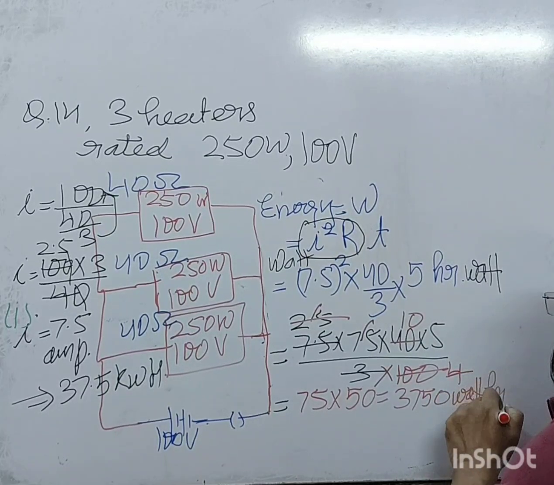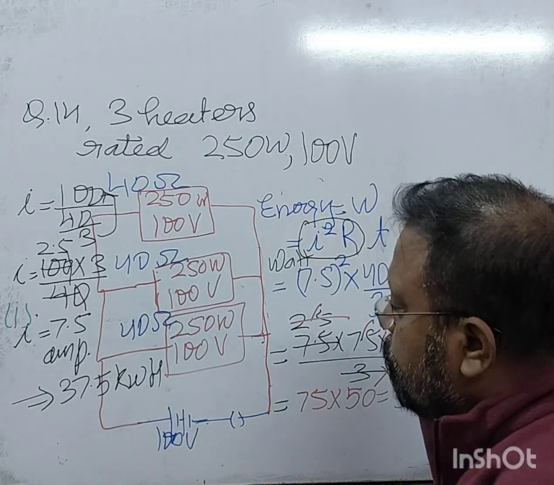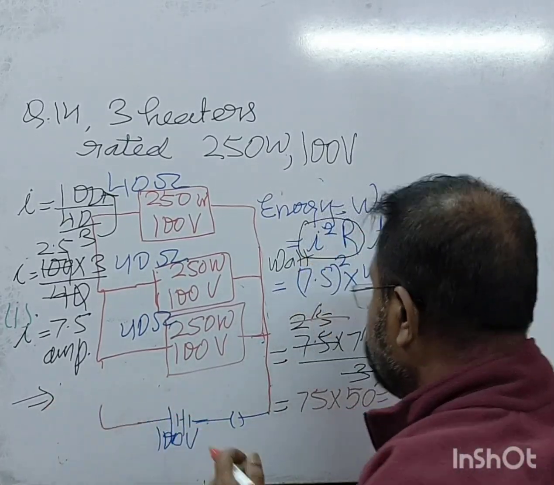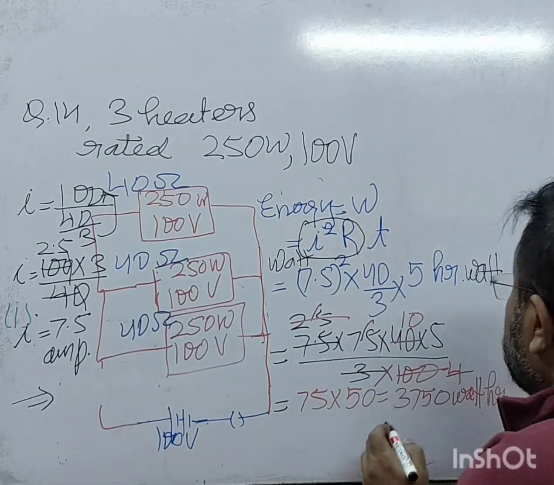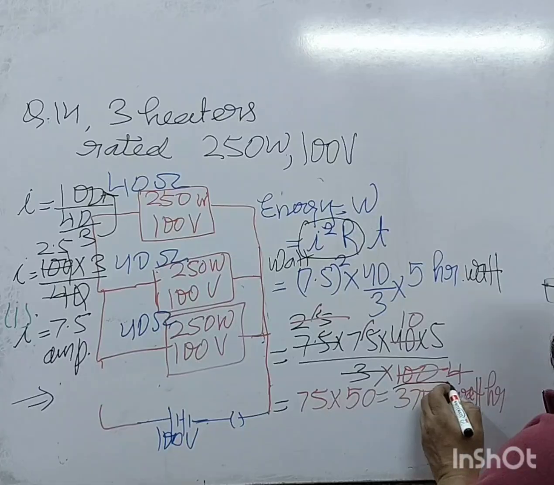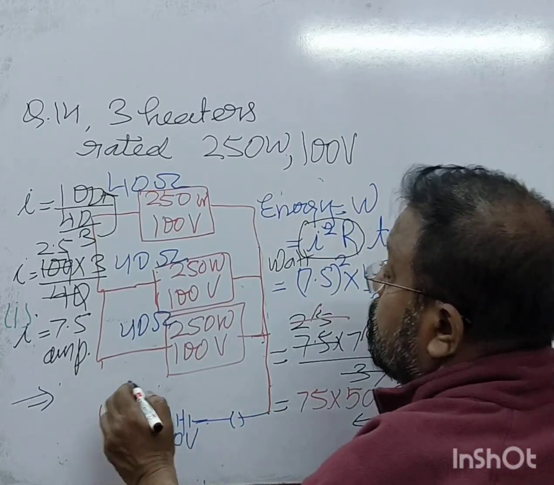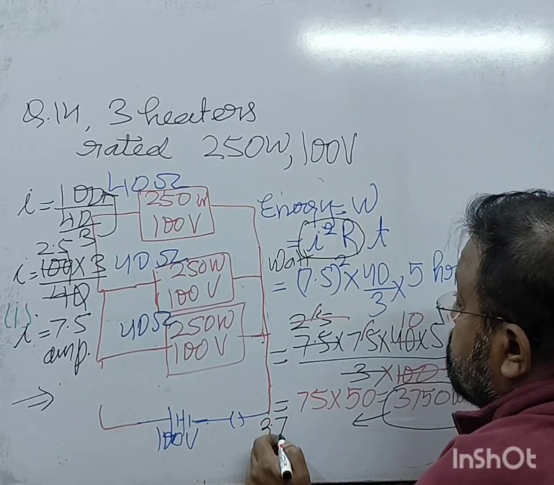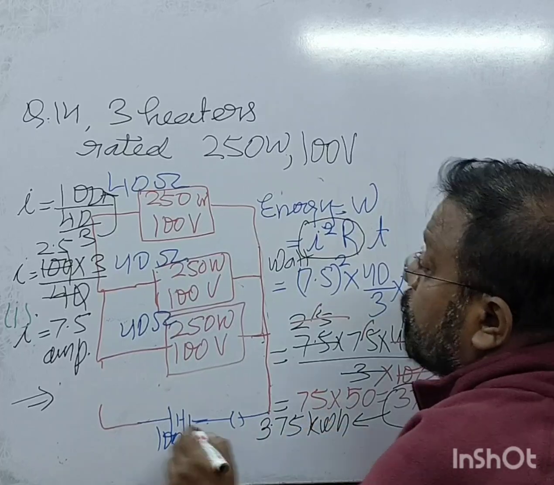There is a silly mistake in calculation we have done here, so this 37 watt hour can be written as 3.75 kilowatt hour.